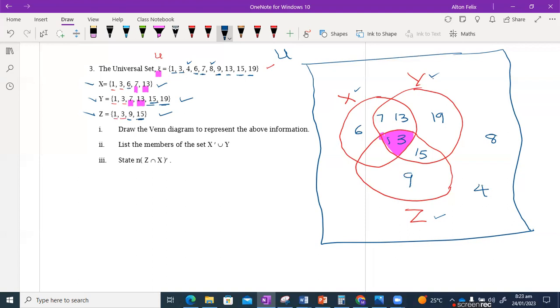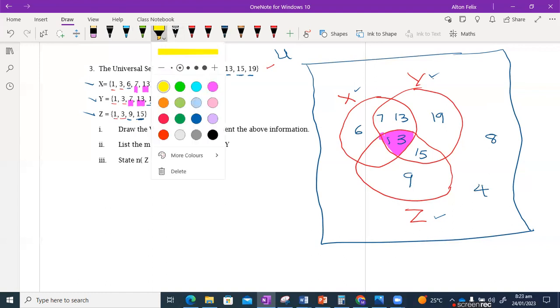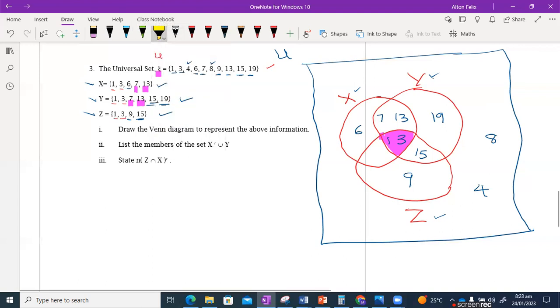Okay, let's go to part 2. List the members of X complement union Y. X complement is everything outside of X. So let's just shade X, and we are looking for all those numbers outside of X. So X will be all the way around here.